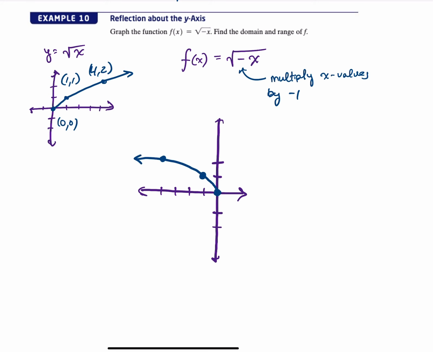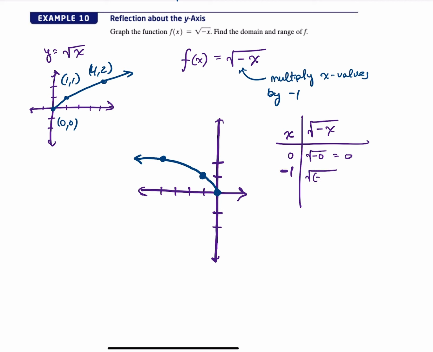When in doubt, you can always create a little table of values. You can imagine x values, and then what would be the square root of negative x? Well, 0, that would be 0. 1, square root of negative 1, well, here we can't. Notice now 1 is not in our domain anymore, because then we'd have the square root of negative 1. It should be imaginary. So we have to plug in a negative 1.